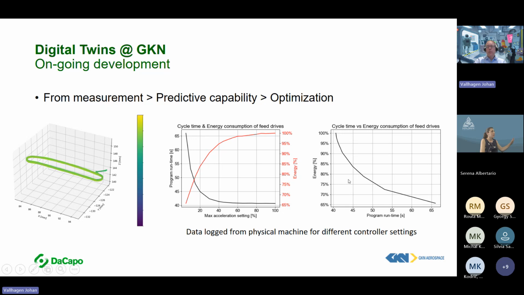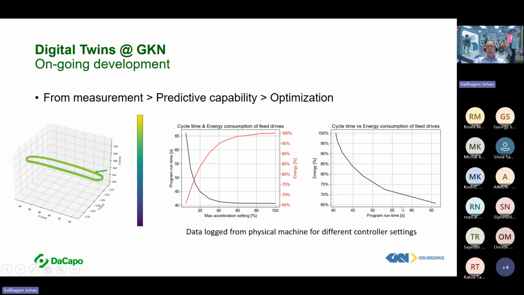If you run the machine very quickly to complete one operation step, or choose to do it with less acceleration, you can have a 50% longer cycle time, but you can also reduce the energy consumption by 35%.